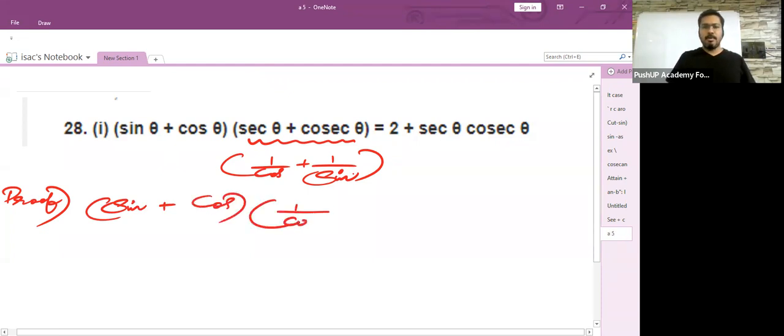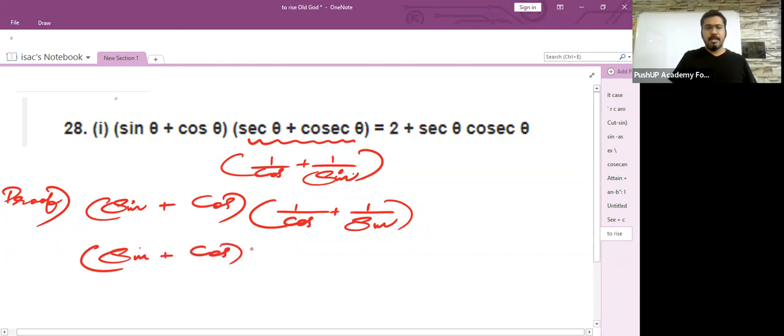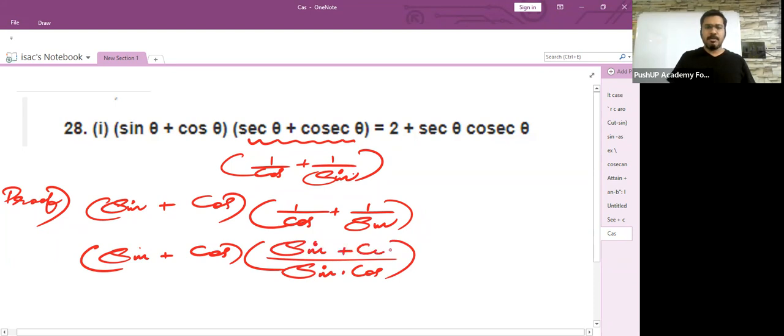So you get 1 upon cos plus 1 upon sine. Here you get sine plus cos, into what is the LCM? Sine into cos, right? And the numerator will become sine plus cos.